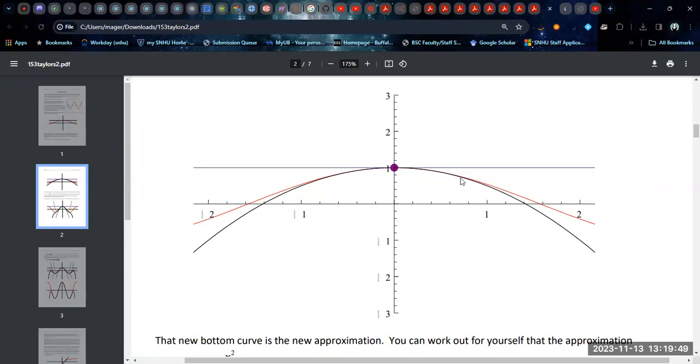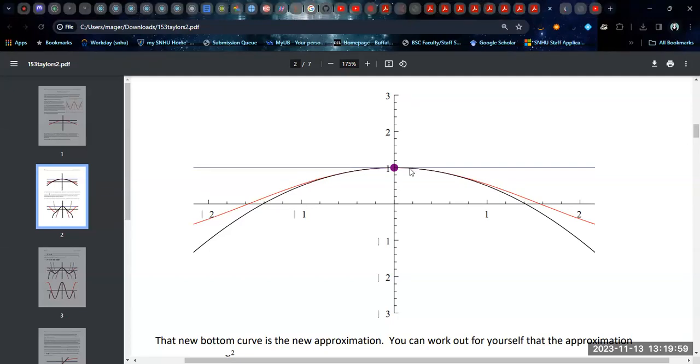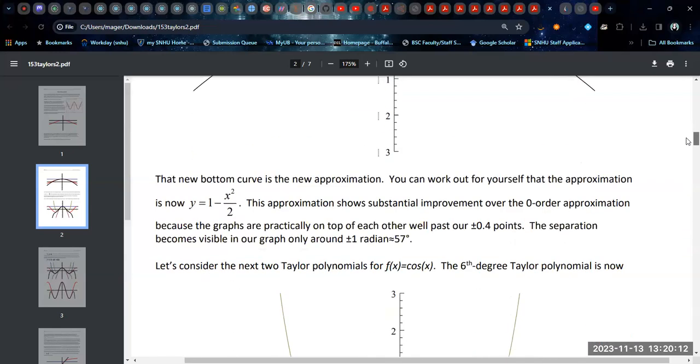So it's doing a better job with the approximation for a longer stretch, which means that even at this point, it's closer in terms of its error. Even though the 1 was still pretty good, the polynomial with the x squared term will be better in terms of making an estimate.